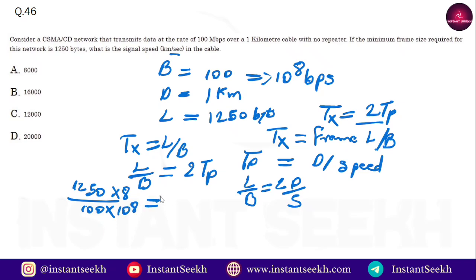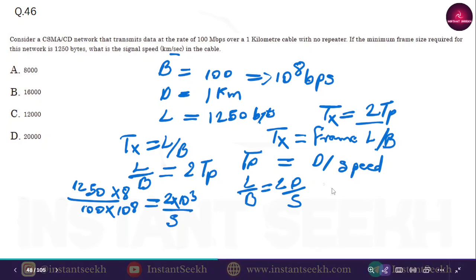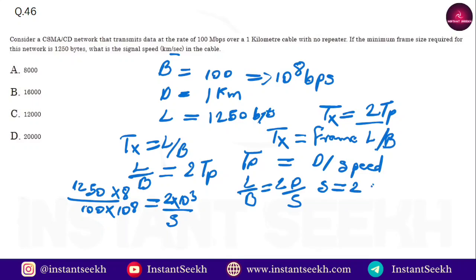Then we have distance, that is 1 kilometer, so distance we take as 10 raised to 3, and we have 2 here, and at the bottom we have S. So your S will be equal to 2 into 2 into 10 raised to 3 into 100 into 10 raised to 3 divided by 1250, that is your L, into 8 bits.